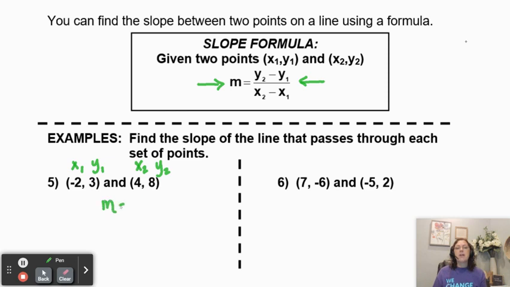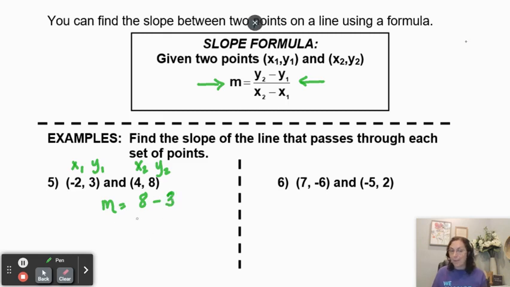Notice that in the formula, I'm subtracting the y's on the top. Remember how we talked about slope was the change in the y's divided by the change in the x's? That's exactly what this formula is doing here. So I'm going to take my second y, which is 8 here, and I'm going to subtract my first y, which is 3.